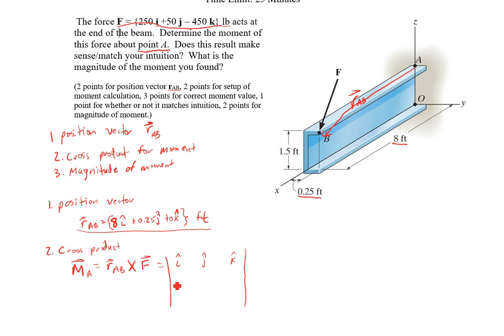Then we have our position vector, what we just found, 8, 0.25, 0. And then we have our force, which is 250, 50, and negative 450.